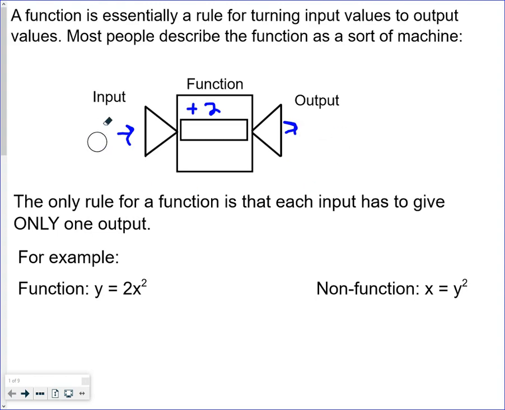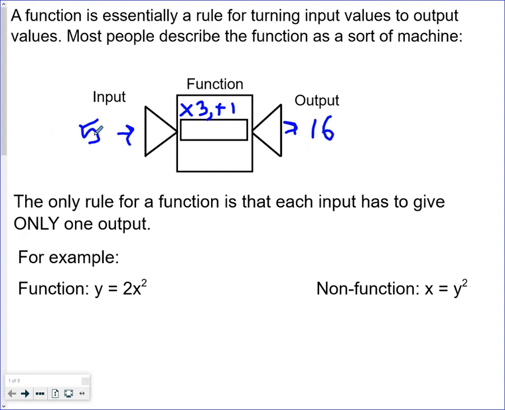Now that's a very basic rule. Let's try one that's a little bit more in detail. Let's say my rule was times by 3, then add 1. So it's a 2-step rule. Times by 3, then add 1. So if I put in a 5, times 3 is 15, add 1 is 16, so my output would be 16.